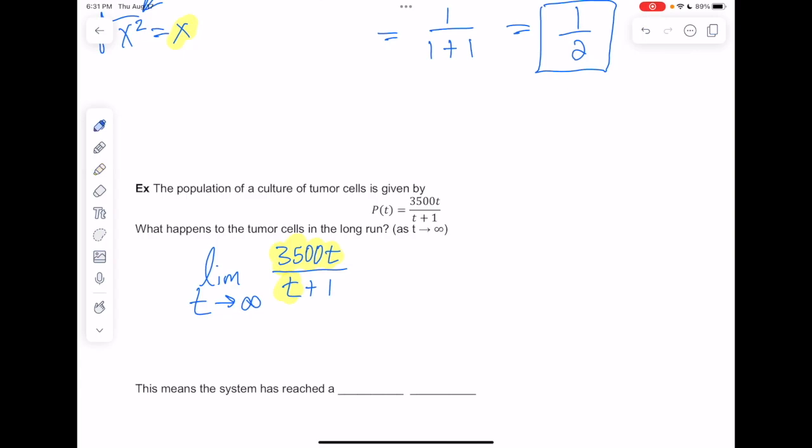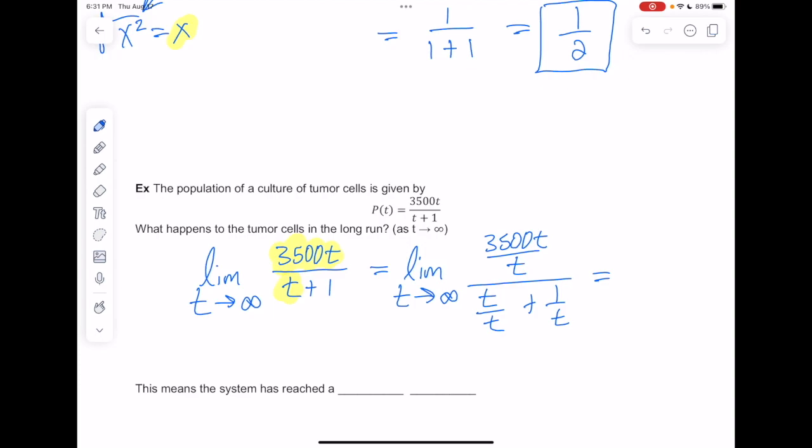I'll show you the math on it one more time, though. Divide everything by t in the top and the bottom. So look at the limit as t goes to infinity of 3,500 times t over t, all over t plus 1 over t. Take the limit of the individual pieces.